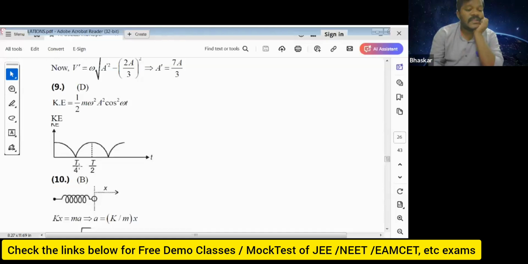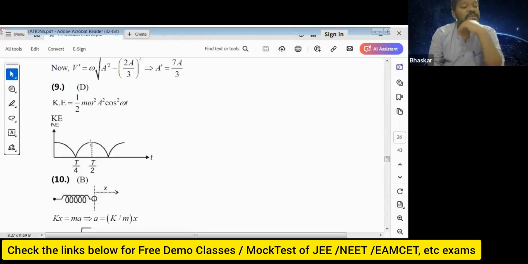Then again from the other side, maybe left side or right side, since the velocity is 0, kinetic energy is 0. So it takes a further T by 4 time to come to the equilibrium point. At the equilibrium point, the velocity becomes maximum, so kinetic energy becomes maximum. Nothing but this is 2T by 4, and 2T by 4 is nothing but T by 2.